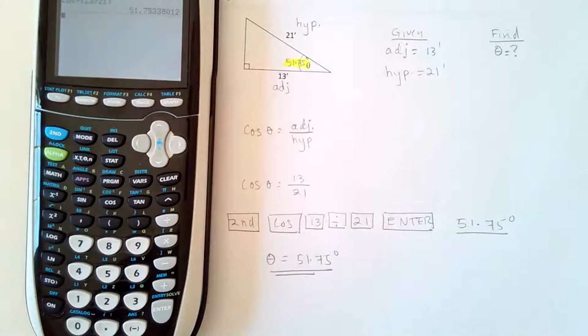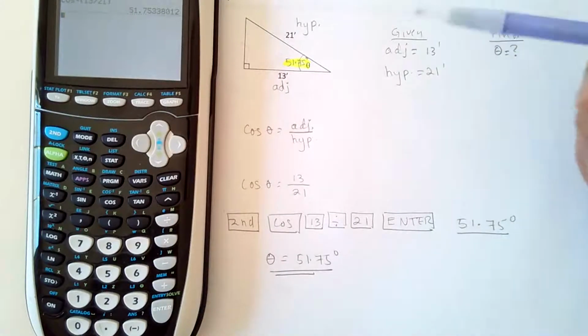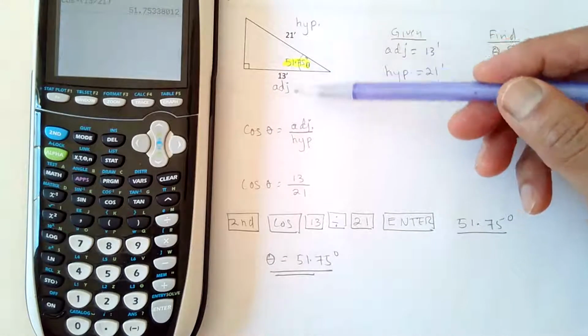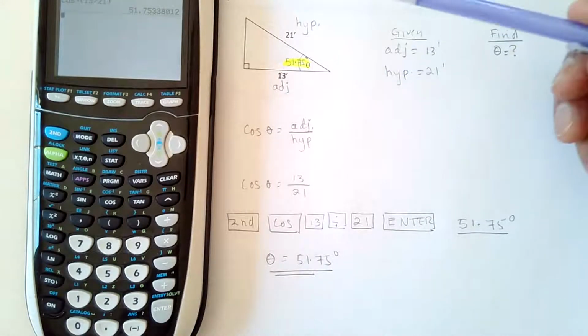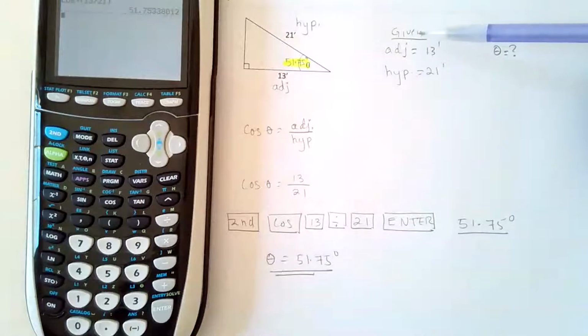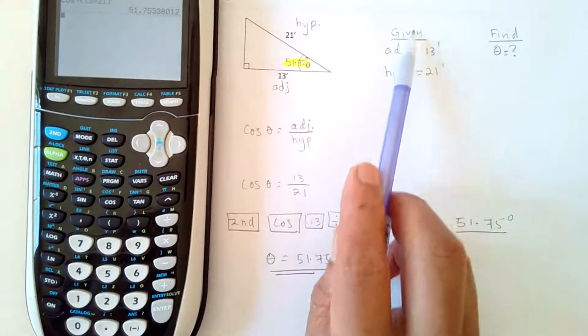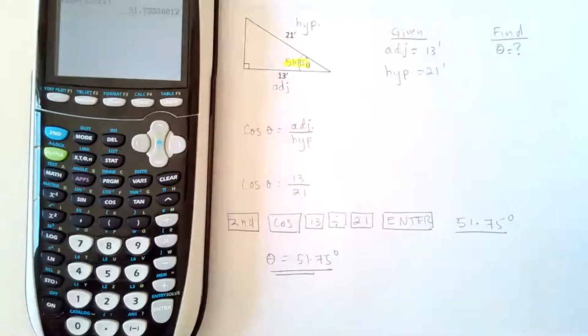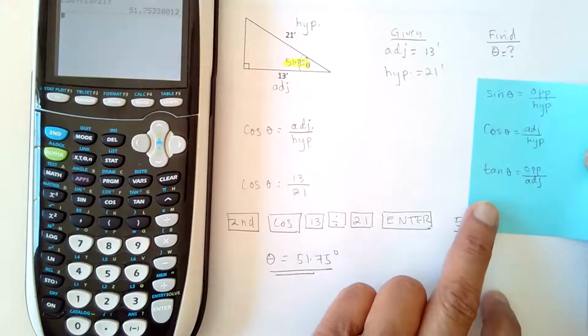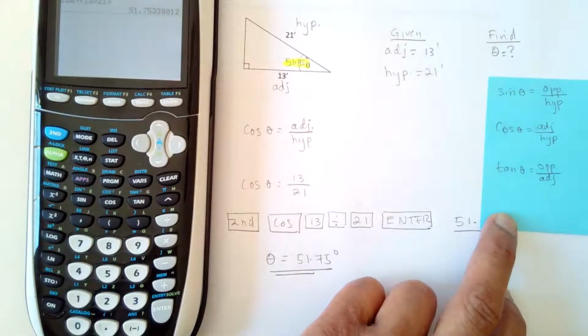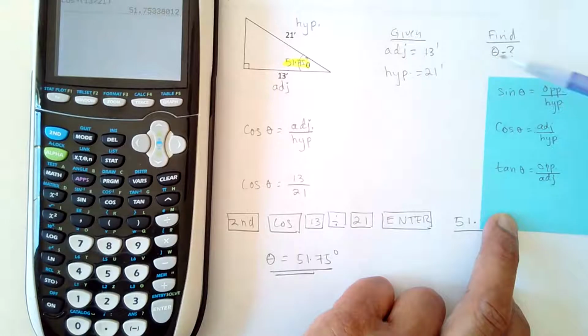So to recap, step 1, I label my sides. Step 2, I write down what's given and what needs to be found. Step 3, using what I'm given, I go to my trig ratios, three of them, and see where there's a match. Adjacent and hypotenuse is cosine, therefore I'll use that ratio.